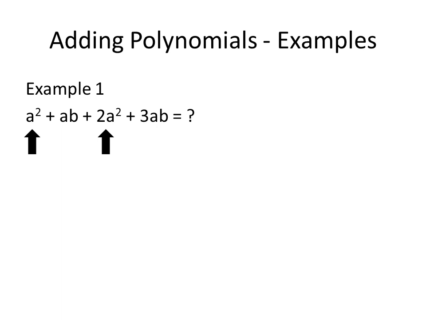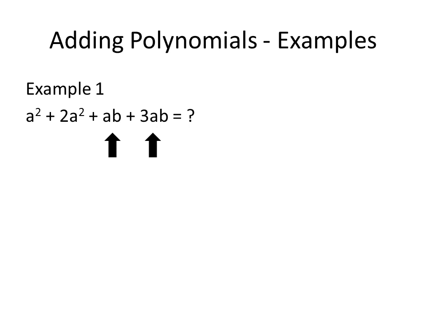So we need to move those two terms together so that they're side by side, like shown here. Looking at our example again then, we have a squared plus 2a squared, which are together, and then we have the term ab plus 3ab. These two like terms are already together.